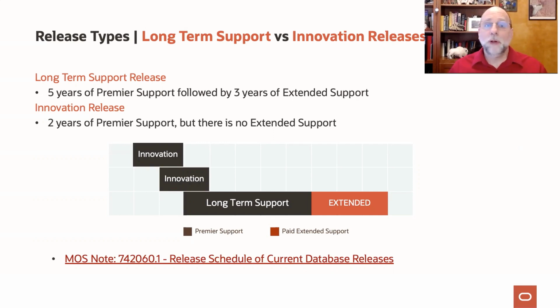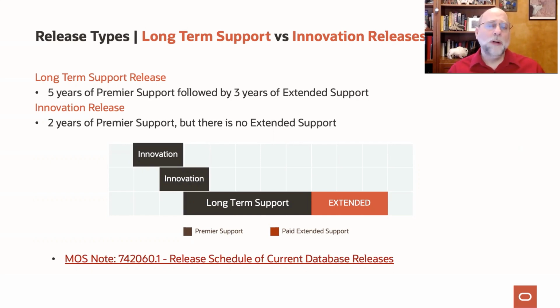Even some early adopter customers might want to deploy it in production, but you do have to be aware that you will have to upgrade that release probably within 2 years of when you first start using it. So that's your difference between long-term support and innovation releases.